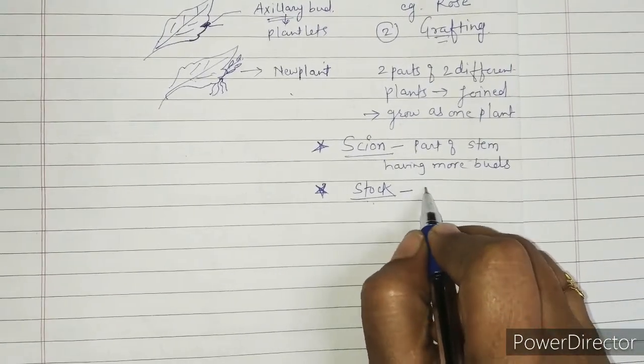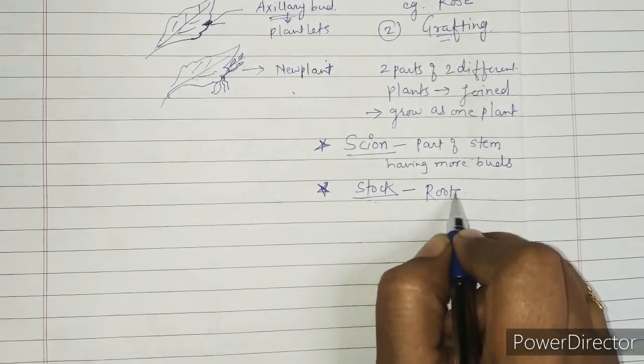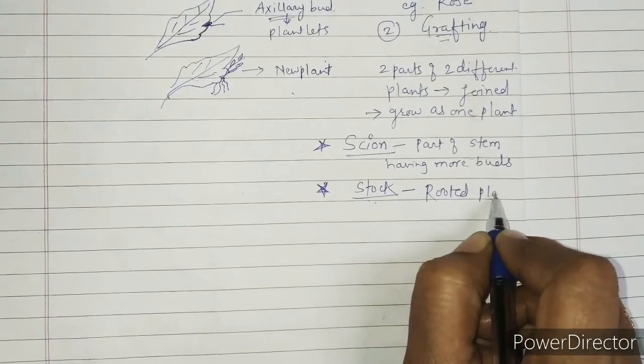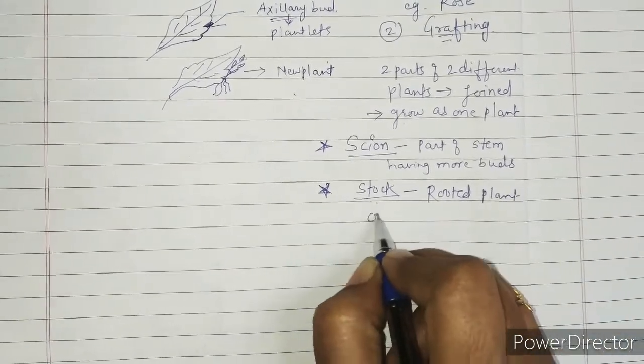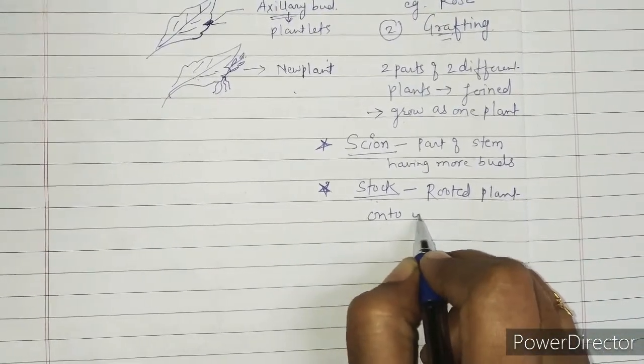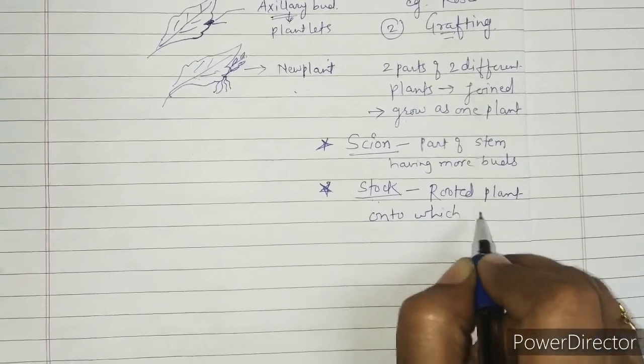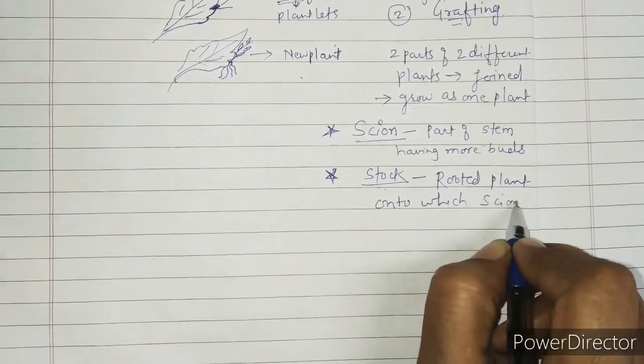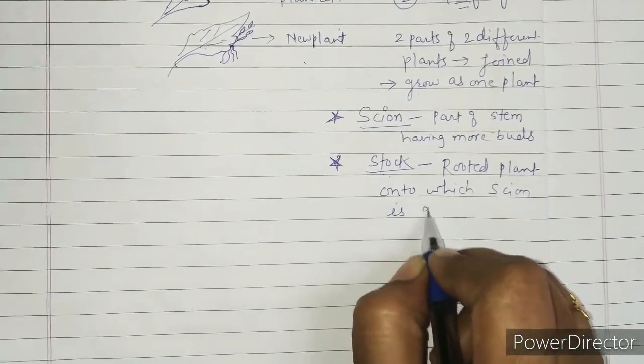And what is stalk? Stalk is a rooted plant onto which scion is grafted.